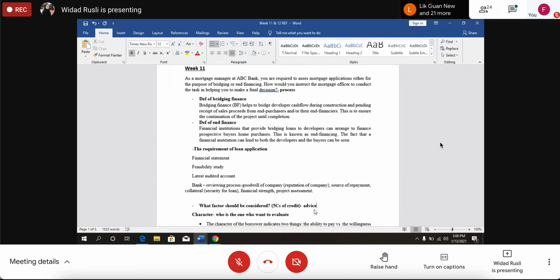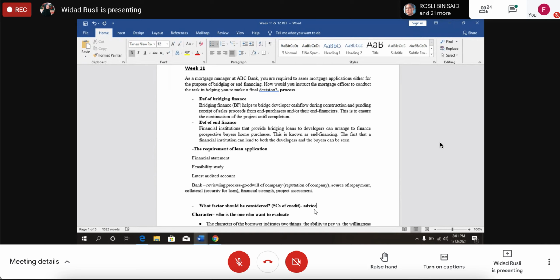So to summarize, just now Dr. Puya's statement is that it is a guideline for the mortgage manager to come to a decision of approving the bridging finance or not. No, your statement is an overall statement. You should start from the beginning. Now we are talking about the 5 C's.